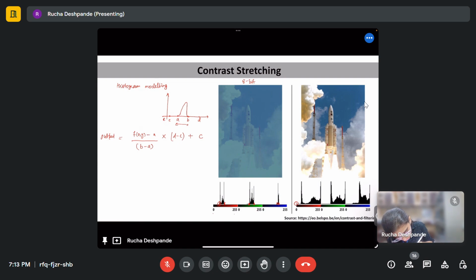Now this histogram will spread over values from C to D.